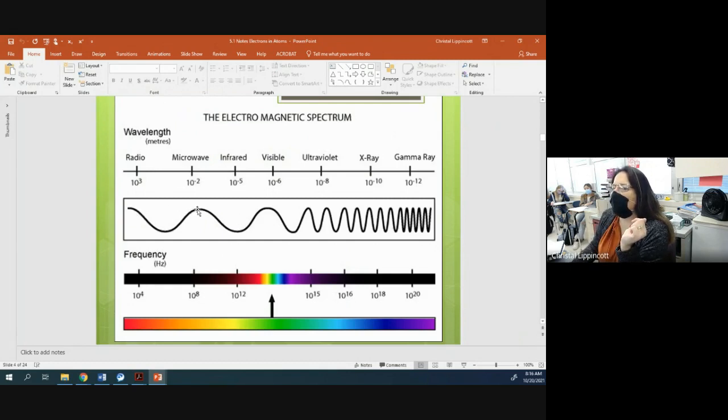So long wavelength is going to give us a low frequency. And then a shorter wavelength, a smaller wavelength, will give us a higher frequency. And that's why this stuff is so dangerous, because it's hitting you more frequently, more rapidly. So you're getting more and more energy delivered at this end versus this end. So that's why this stuff is so much more dangerous.